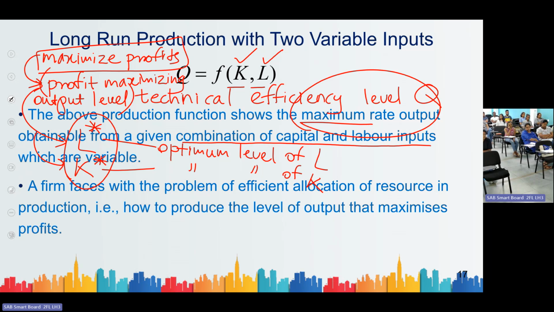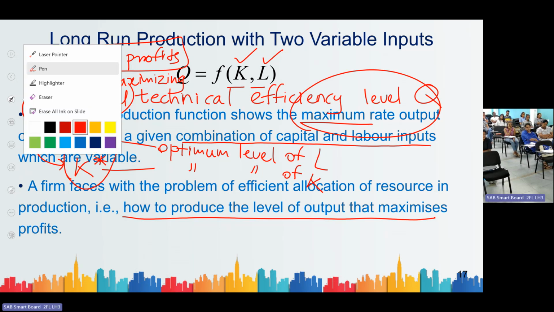So our target is to decide L star and K star in order to maximize profits. That is what we are going to do.